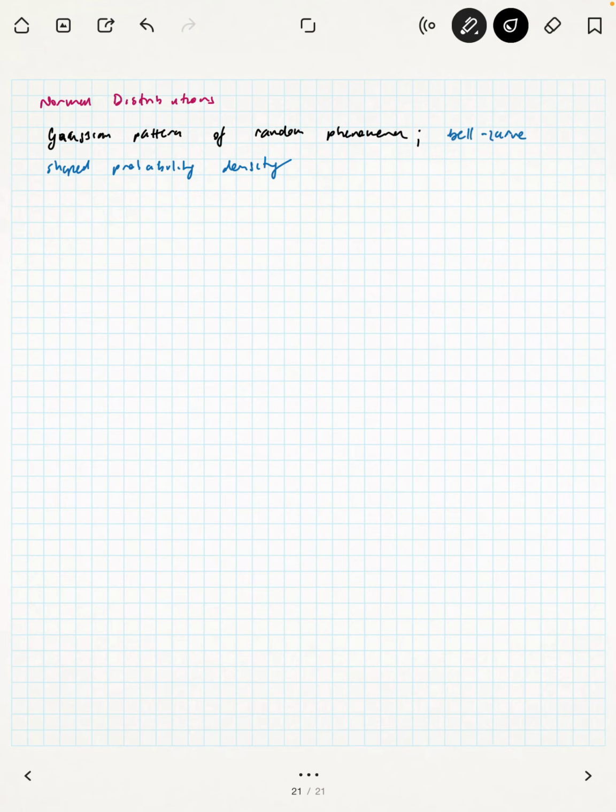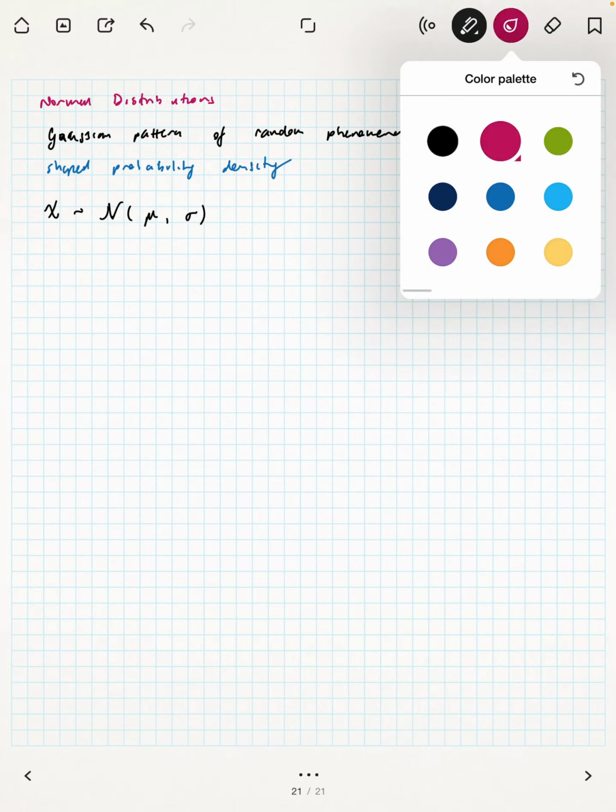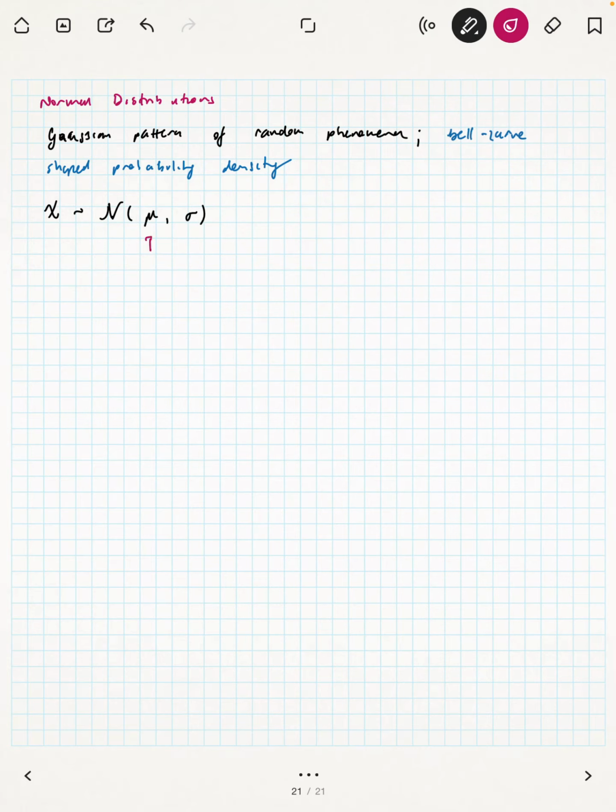So when we talk about the bell curve, this is what we're talking about. Okay, so we say x is normally distributed with a mean mu and a standard deviation sigma. Okay, so these are the parameters of the distribution.